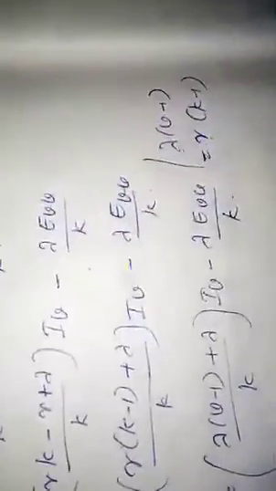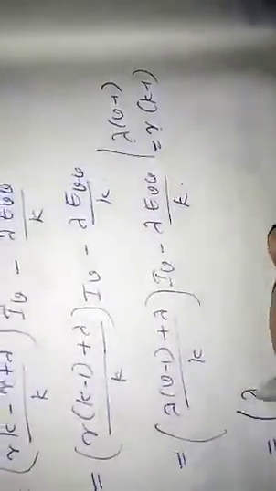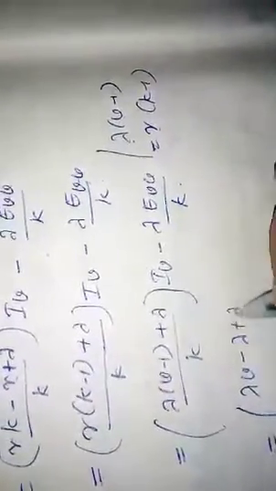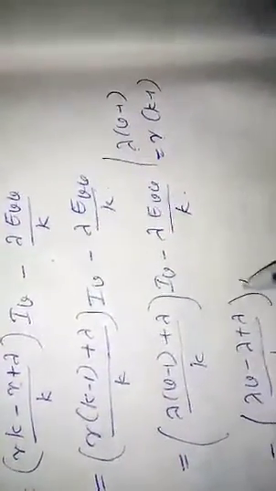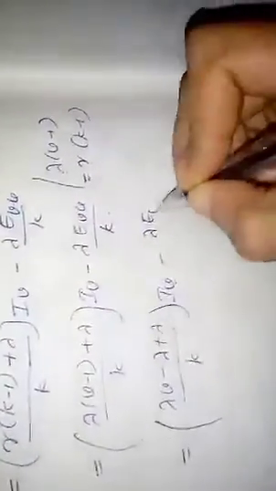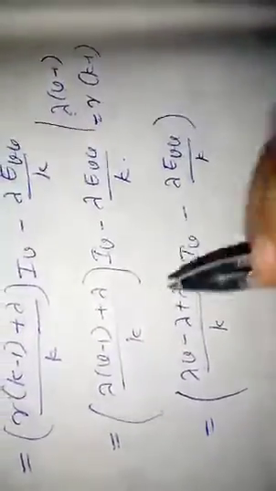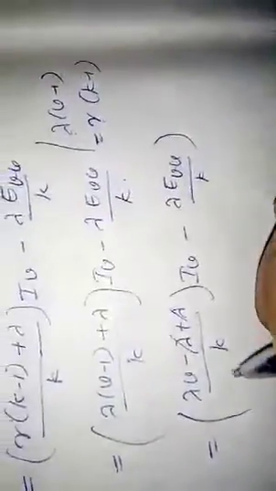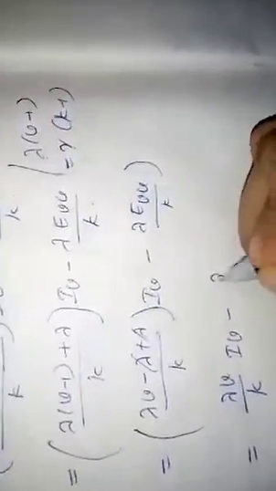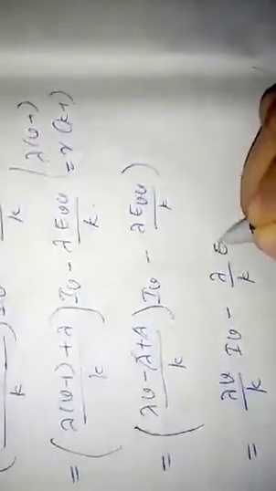which is equal to lambda V minus lambda plus lambda divided by K, IV minus lambda EVV divided by K, right? Here lambda and lambda cancel, lambda V divided by K IV minus lambda divided by K EVV.